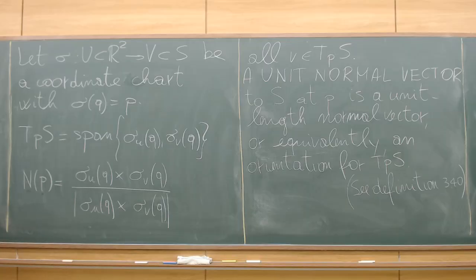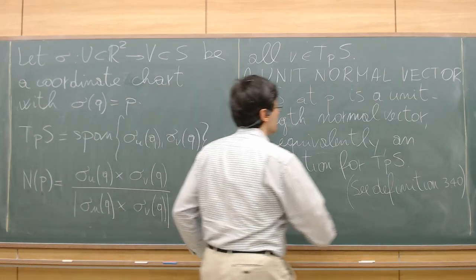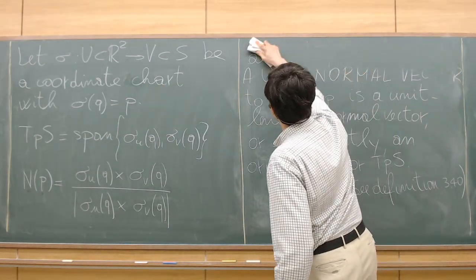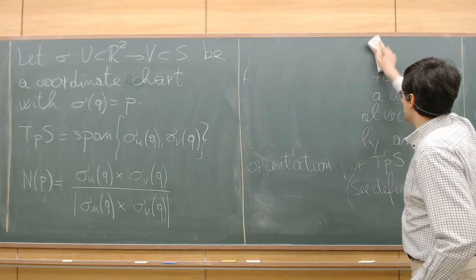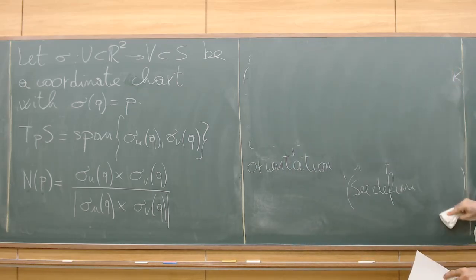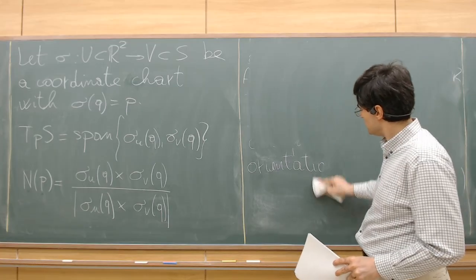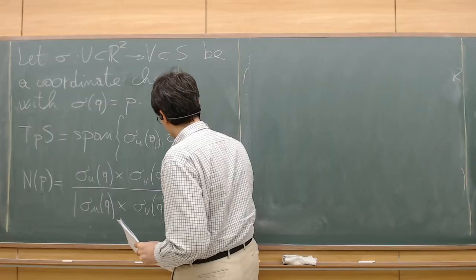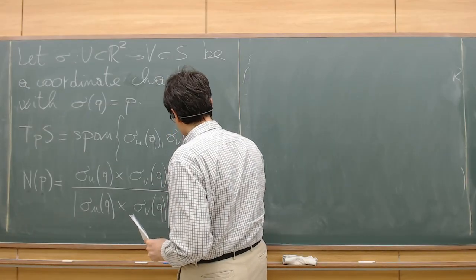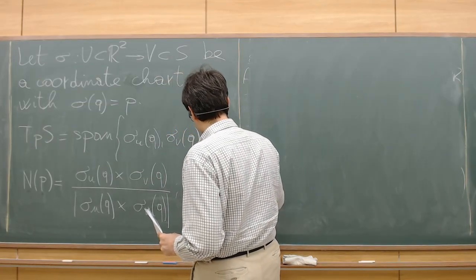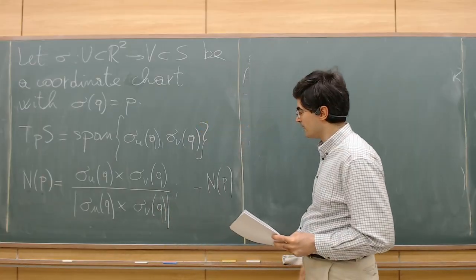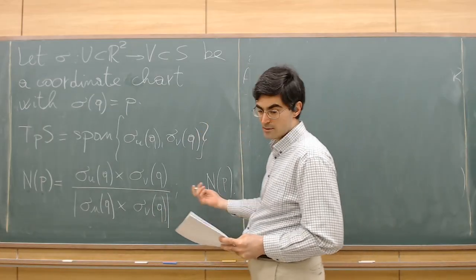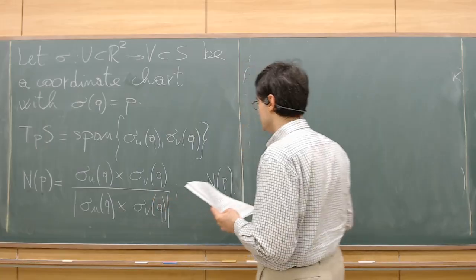Please observe that this is one of the two possible choices. The other one is of course the vector minus n of p, and it is clear that none of it is special.